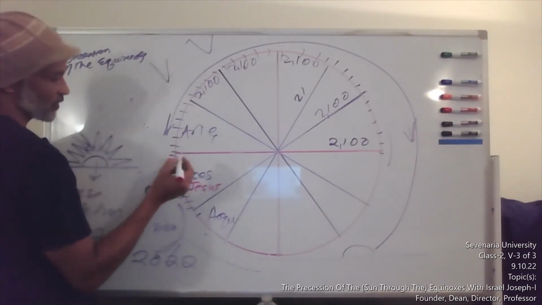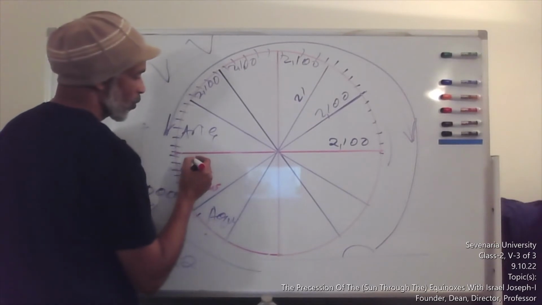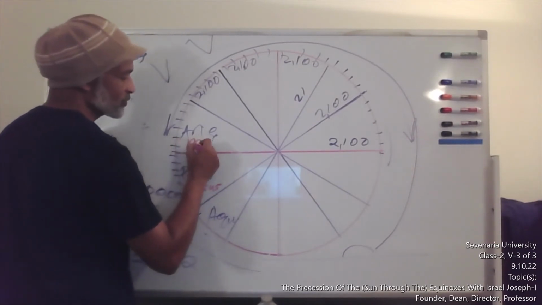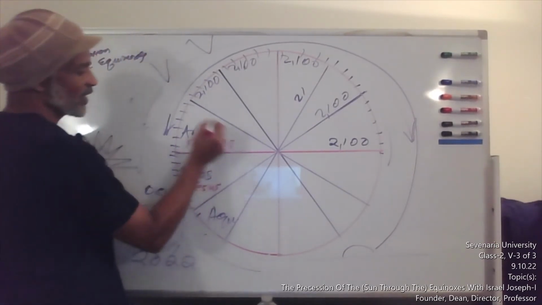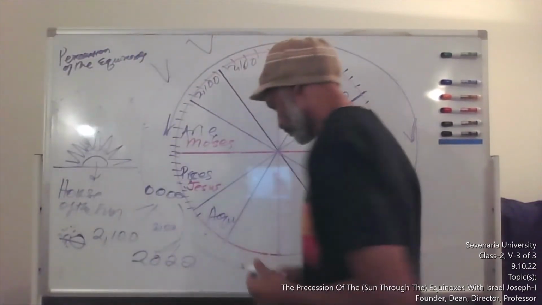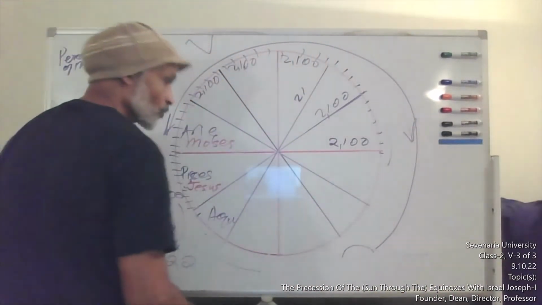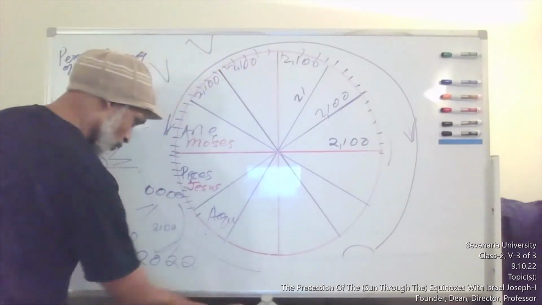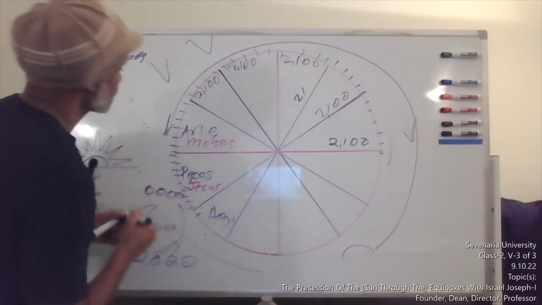2,100 years approximately before him was Moses, who was in the age of Aries. Right? In the age of Aries.